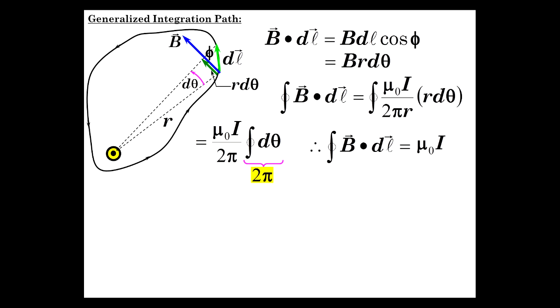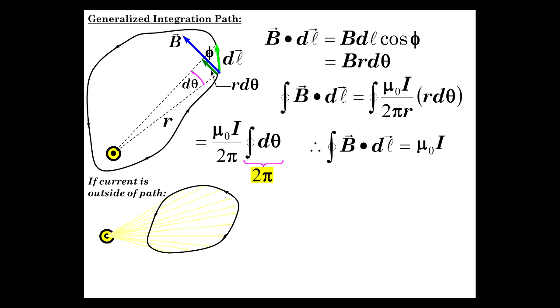So there it is. Now, let's check out current being outside of the path of integration. What do we get then? All right, so here's how I'm going to do it. Check out the path as we integrate around this whole thing.